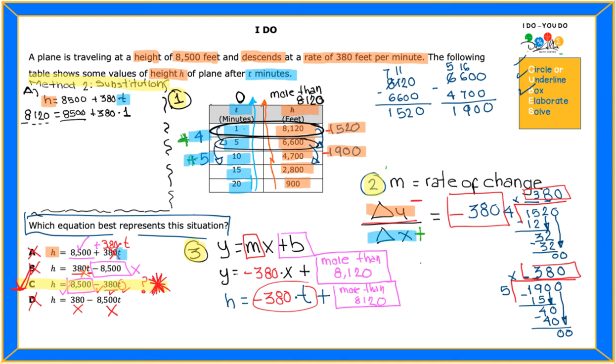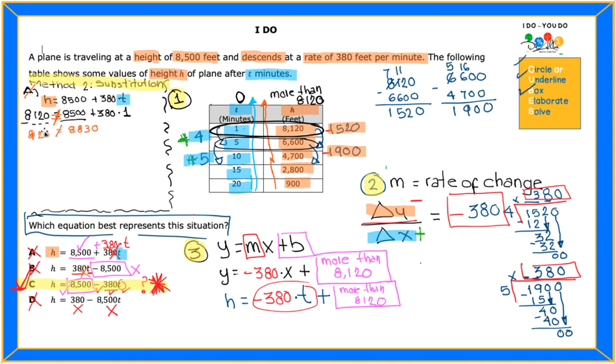This number just by itself is bigger than this number. So this expression is definitely not equal. It's not the same. And also they're gonna add another 380 times 1, which is 380. So this is gonna be really 8,830. And it's definitely, like we said, not the same as 8,120. We cannot pick that one.